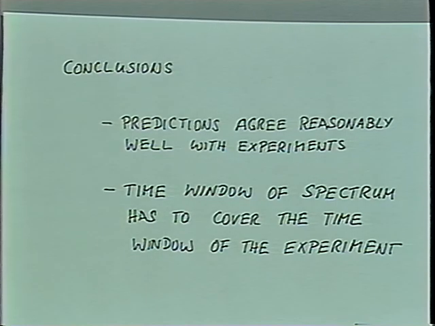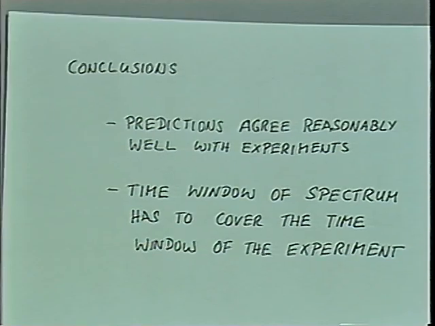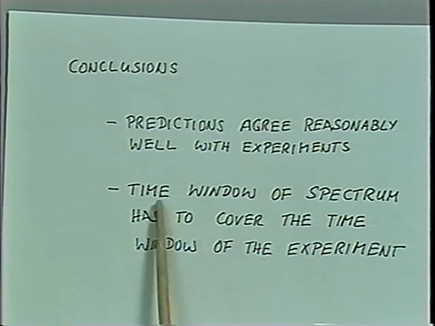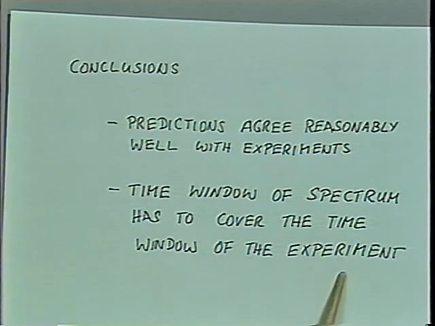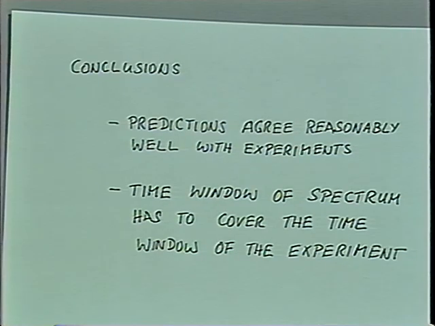You have to appreciate that, I think. Now, the time window of the spectrum has to include the time window of the experiment. So we have to be aware of the limited information we have from G prime, G double prime data when we model experiments.